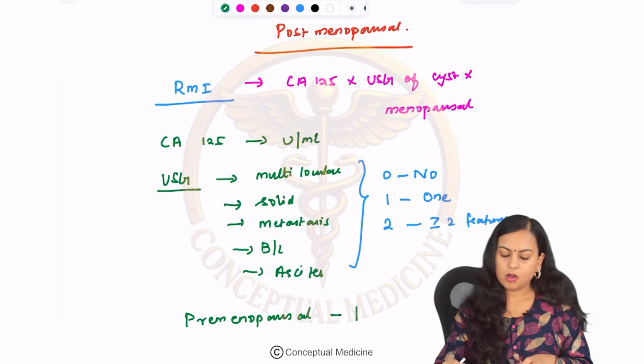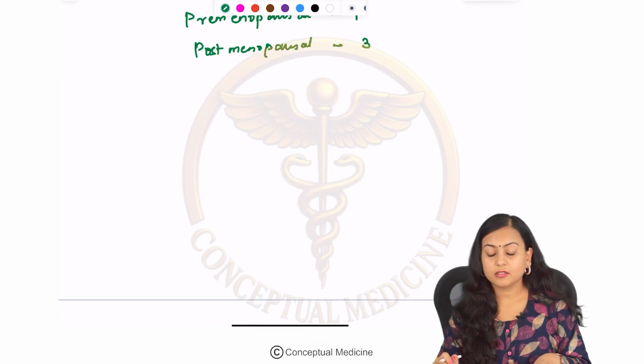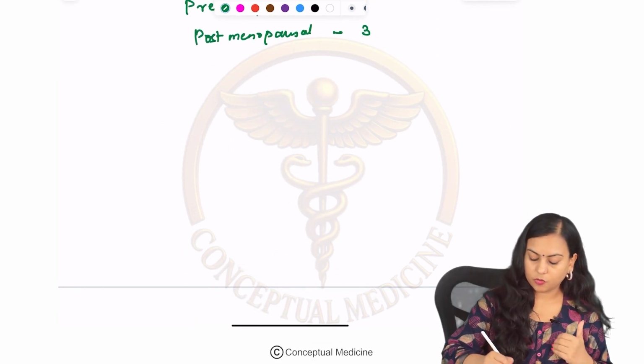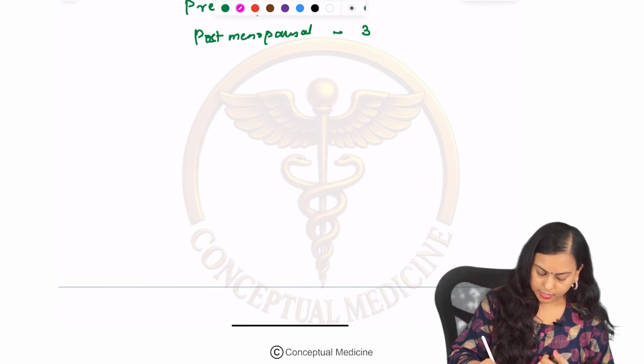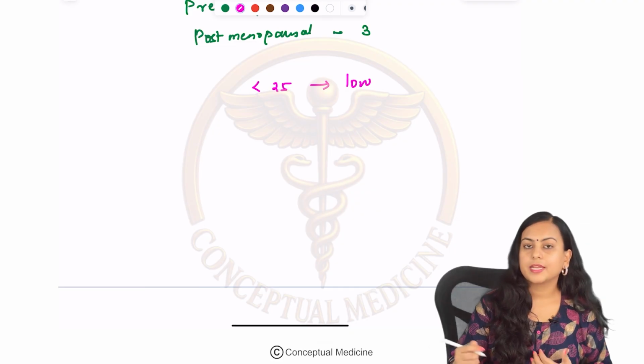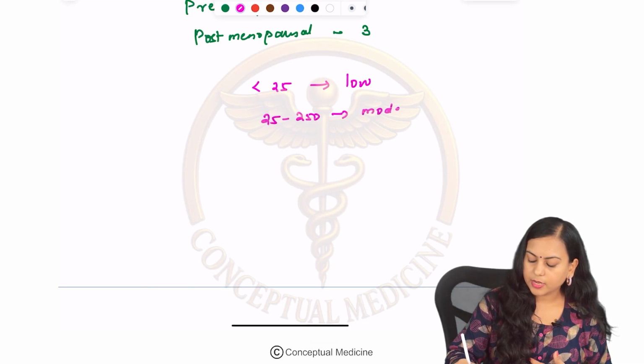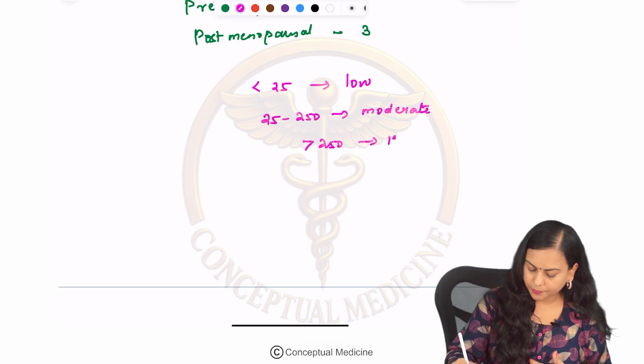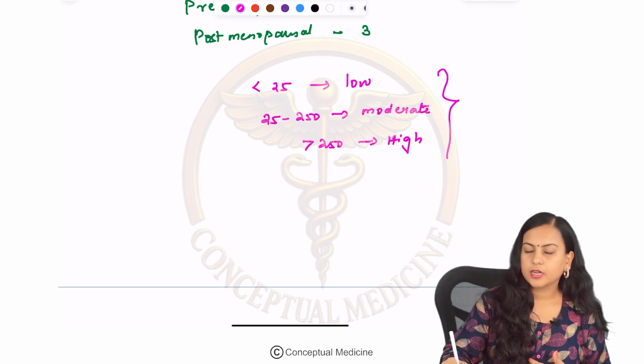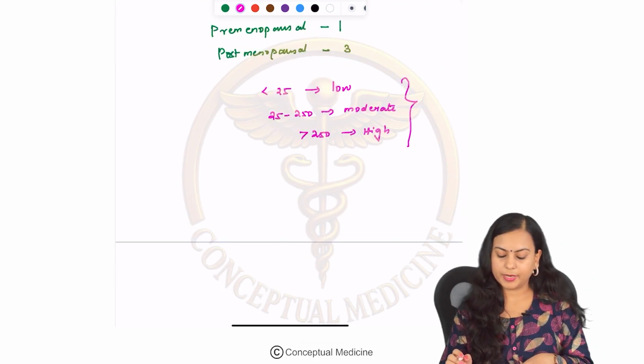So this is how the RMI, that is risk of malignancy index, in ovarian cyst is calculated. If the score is less than 25, then the risk for malignancy is low. If it is between 25 to 250, then the risk is said to be moderate, and when it is more than 250, the risk is said to be high. Clear? So this is all about risk of malignancy.